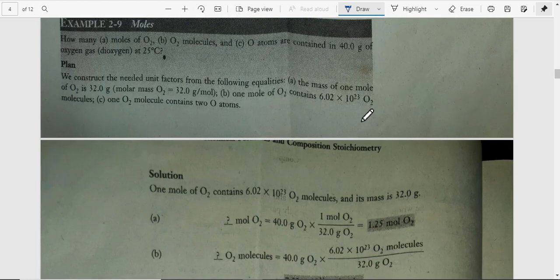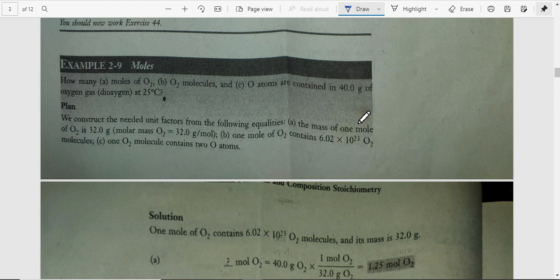Next is moles. Example for your moles: how many moles of O2 are in, and next question, how many O2 molecules and O atoms are contained in 40 grams of oxygen gas or dioxygen at 25 degrees Celsius? We construct the needed factors from the following quantities.